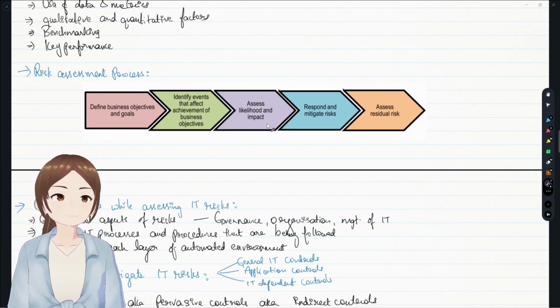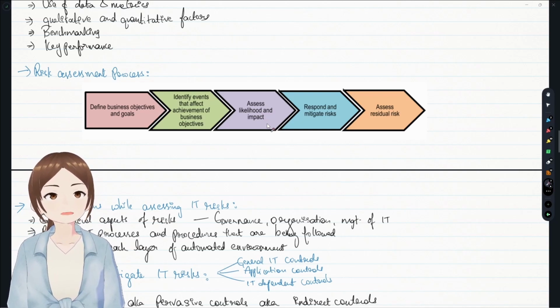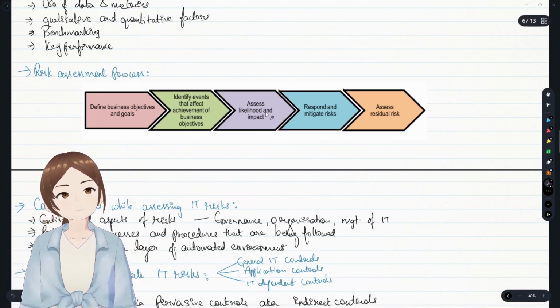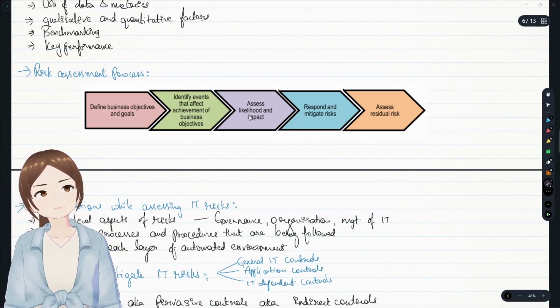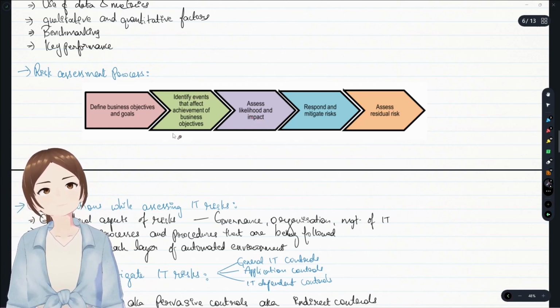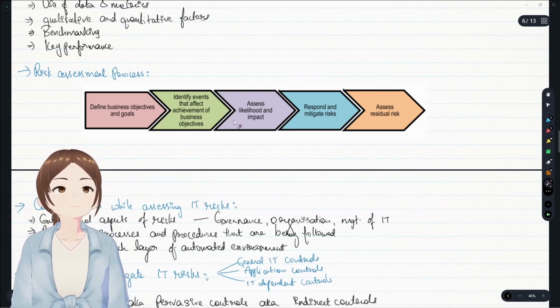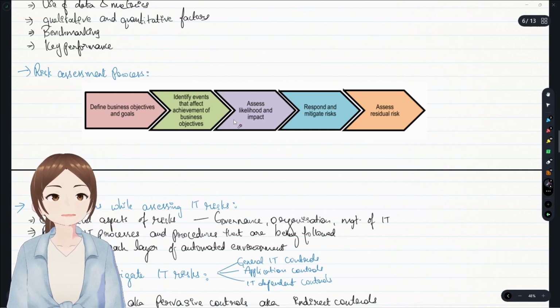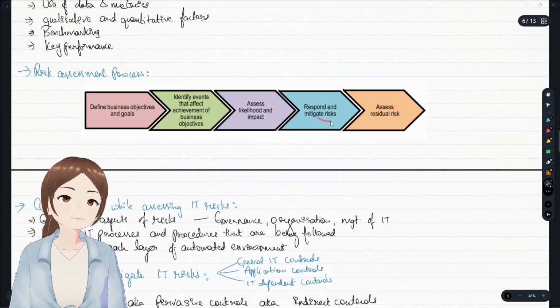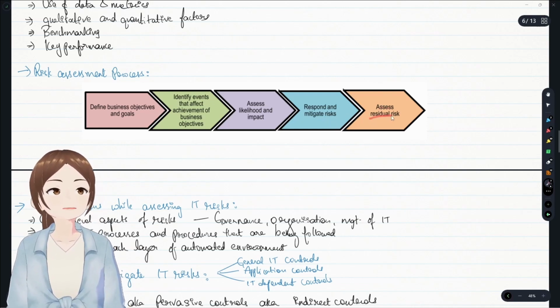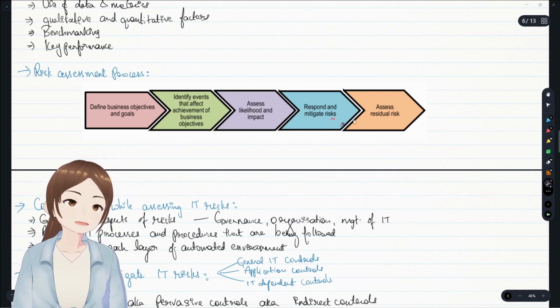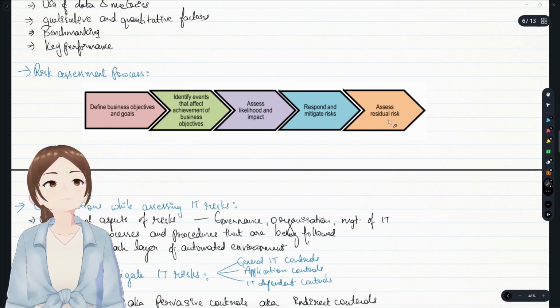Like an increase in interest rate would decrease return. You have to assess such events and their impact on our objectives or goals. And whenever you find any restriction or risk, you have to respond and then mitigate the risk, and then assess the residual risk, because after mitigating, you are still left with some risk.